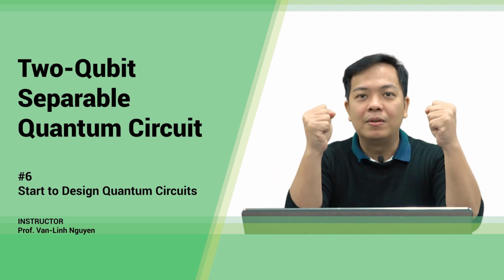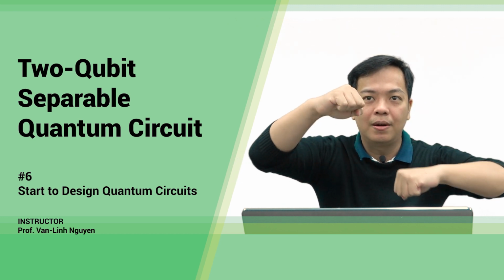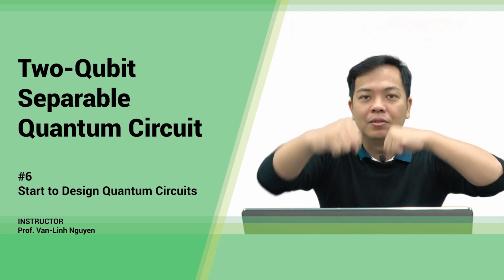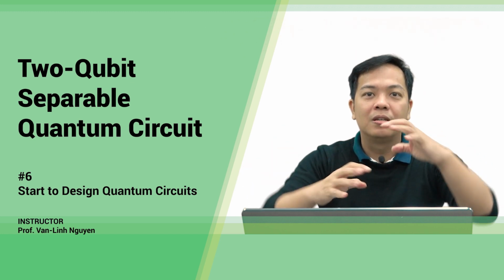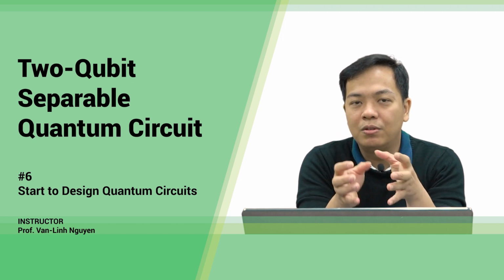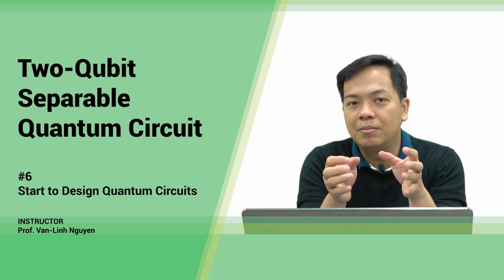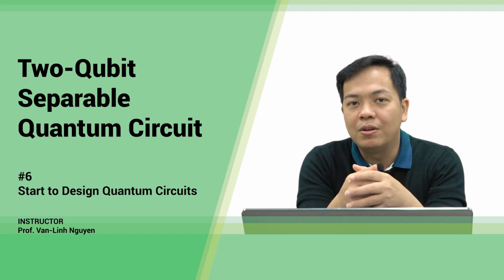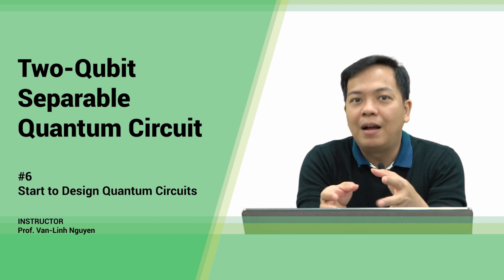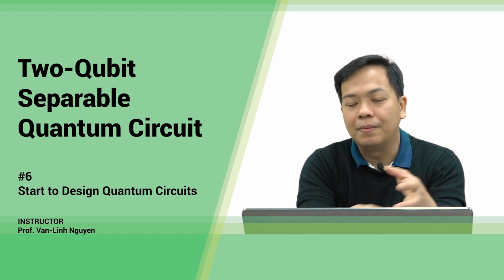For example, you have two qubits that are separable. Each qubit can run around independently. That's the interesting part, in the photon or the qubit, in the quantum sphere, or Q-sphere. But how do we represent this in mathematics and how do we simulate that case? So today I will introduce how to do that.